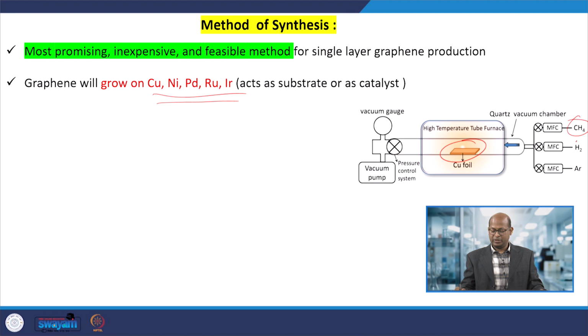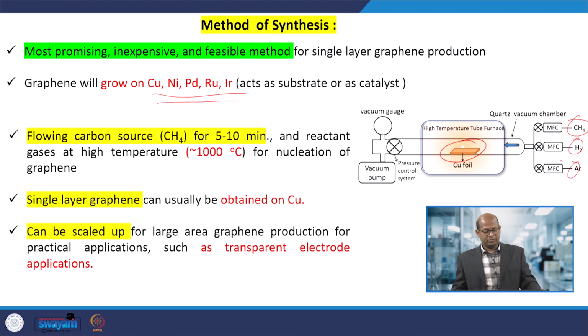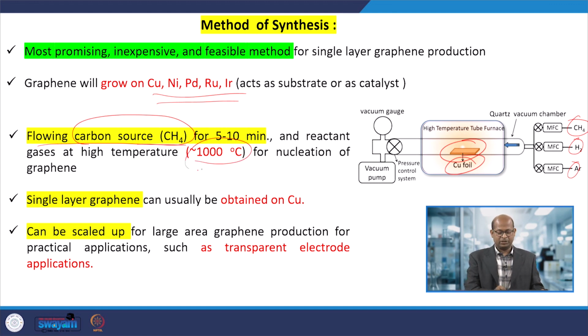Here are the starting materials. If you want to grow graphene over the surface of the copper foil, initially there is a flow of methane, which is our starting material, the source of carbon for graphene formation. It is heated to a high temperature of 1000 degrees centigrade, which we have to maintain, and then hydrogen is passed for 1 or 2 minutes, and then we pass the methane. Once methane is passed over the surface of the copper foil, graphene growth is possible and single layer graphene forms.